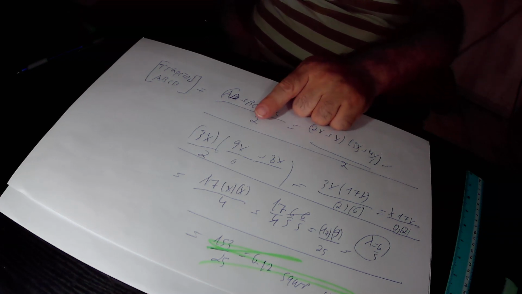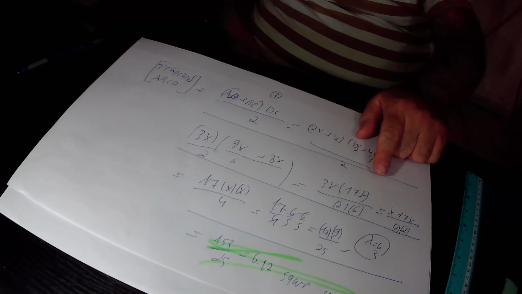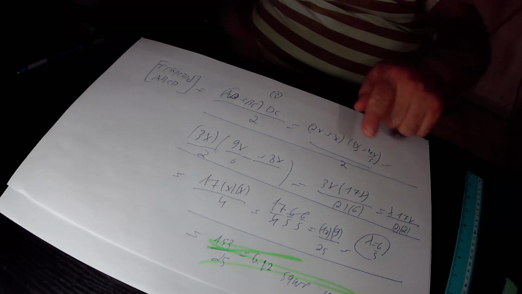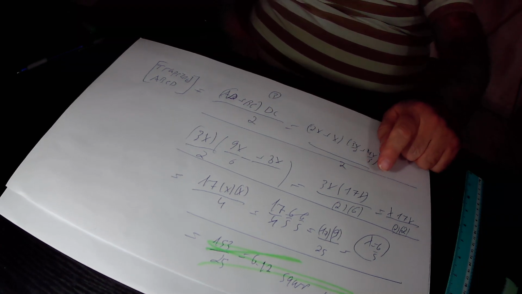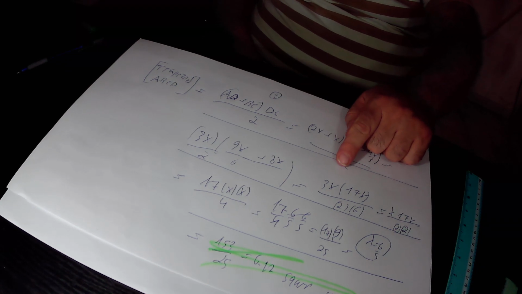So here we have 3x over 2 plus 4x over 3 equals 9x plus 8x over 6. 9x plus 8x is 17x, times 3x, divided by 6. And we have to divide all by 2 also. So we divided both the numerator and the denominator of this expression by 3.